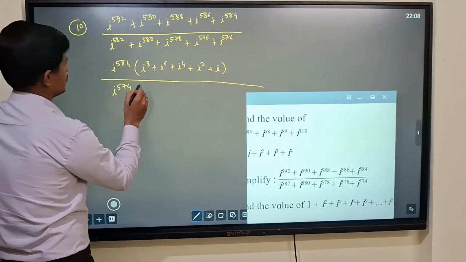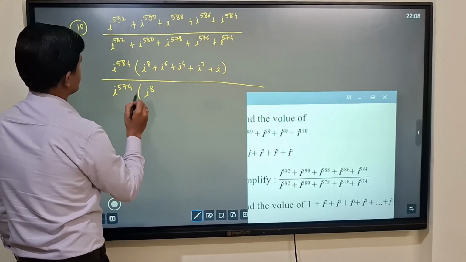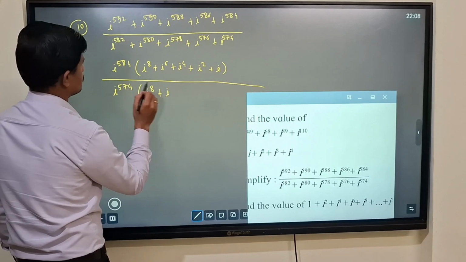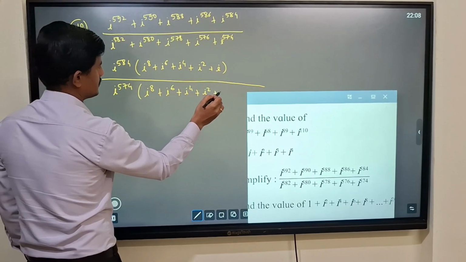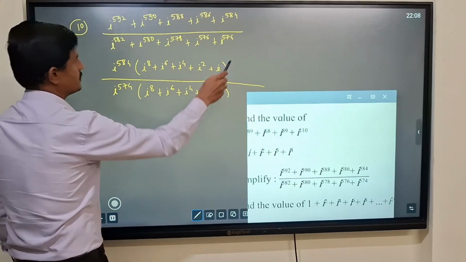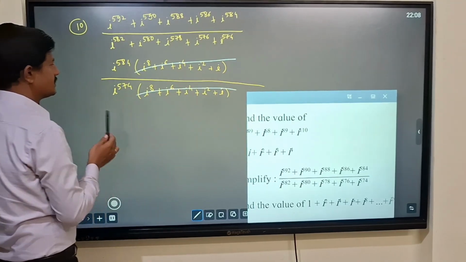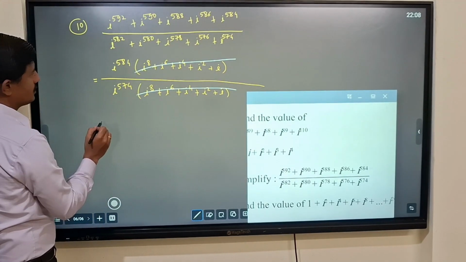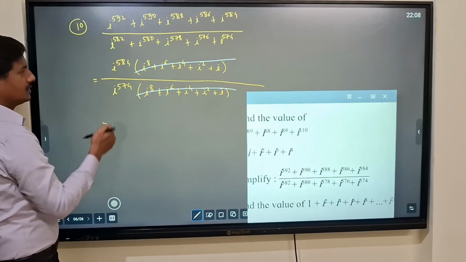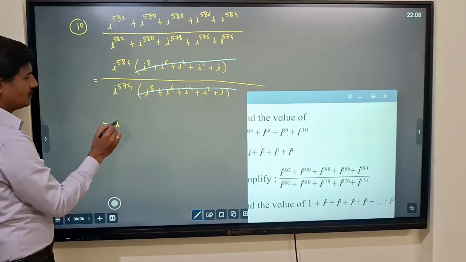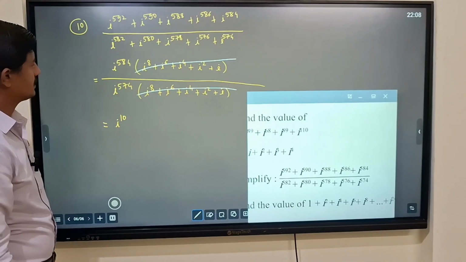Again this becomes i raised to 8 plus i raised to 6 plus i raised to 4 plus i raised to 2 plus i. Now see, this bracket and this bracket are the same, so they get cancelled out. Only i raised to 10 remains.